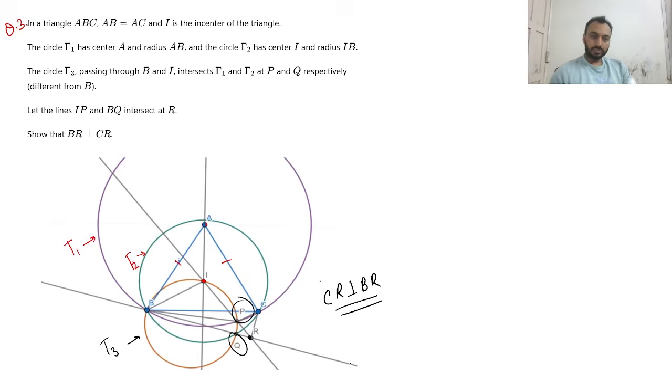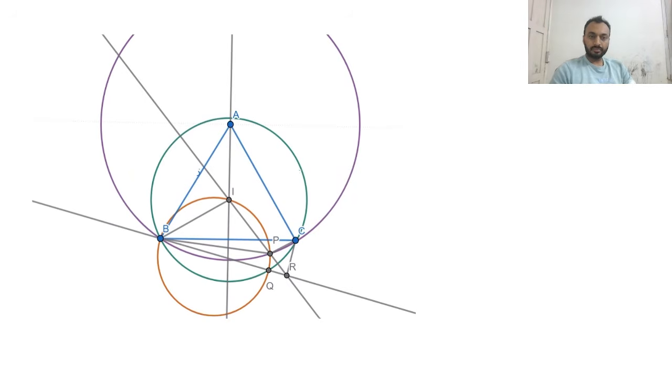Okay, so this is our diagram in which we have to prove CR is perpendicular to BR.